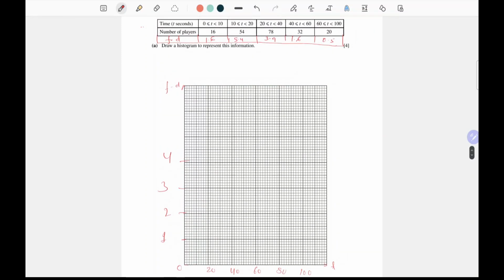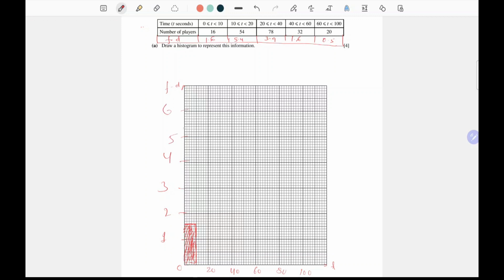Now when time is 0 to 10, then the frequency density is 1.6. So 1.6, 1, 2, 3, 4, 5, 6. Okay, here, and 10 is this, right? Okay, so this one. Okay, next, now 10 to 20, that is 5.4. 5.4, this is 4, 1, 2, 3, 4, 5, and 6.